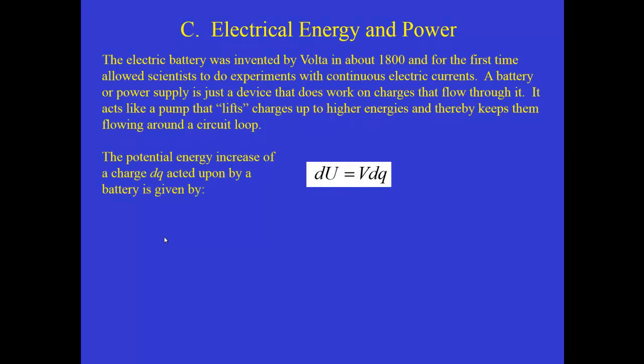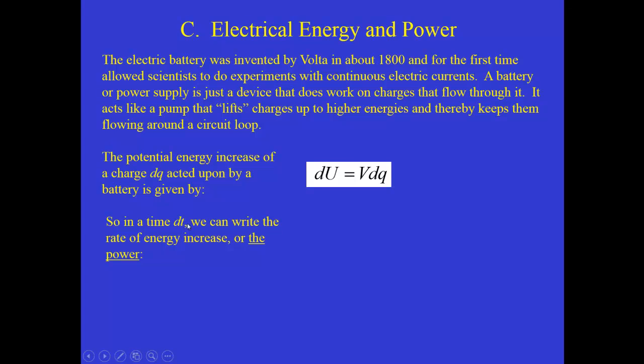So we can use our expression for the relationship between a change in potential energy and charge and a potential difference like this. So what we want to do is consider a tiny amount of charge, dq, acted upon by a battery with potential difference V, and dU represents the energy increase.